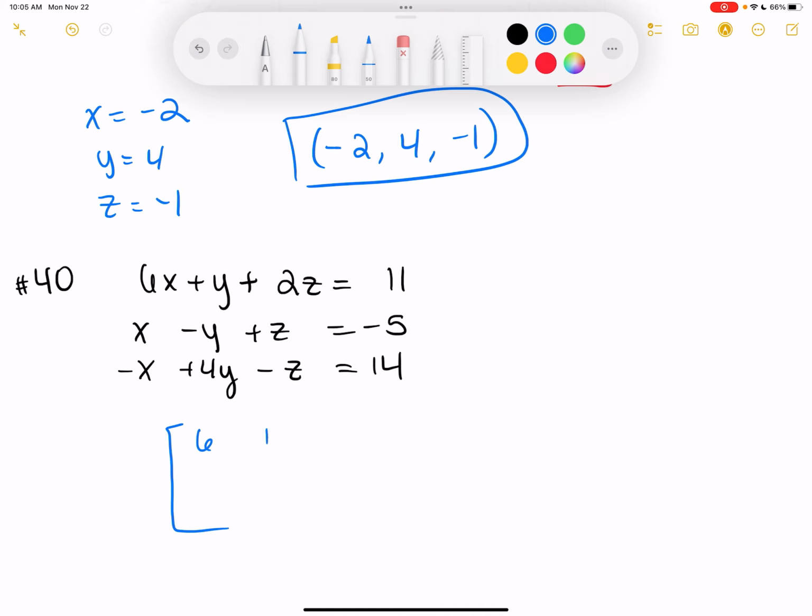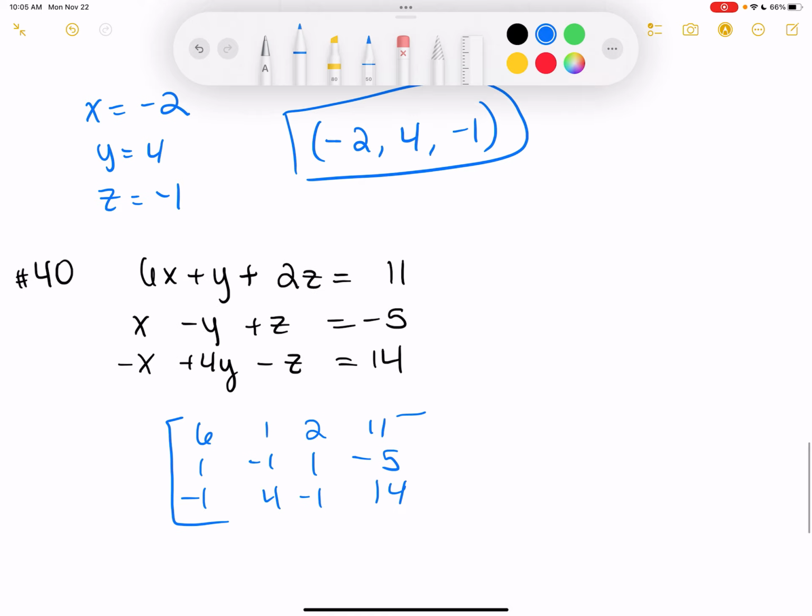Do you want to do that? I mean, I like elimination. I haven't even finished writing down the problem. I'm so slow. She's just fast. Hey, you ready?